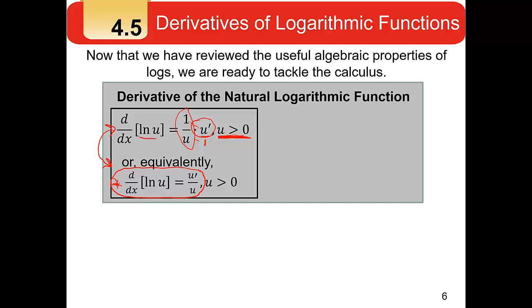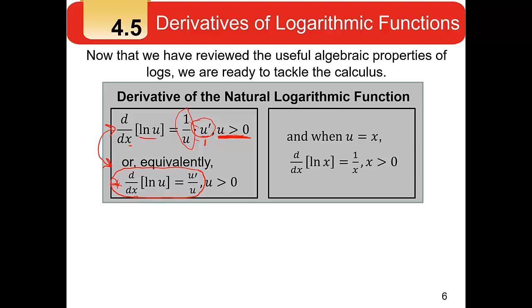As always, this u is thought of as being a function of x, or whatever the variable we're differentiating with respect to. In this case, we are differentiating with respect to x. u is thought of as a function of x, but if u is just x, you can write that formula without the chain rule kicking in. And if you really are taking the natural log of just x, the formula is even simpler.